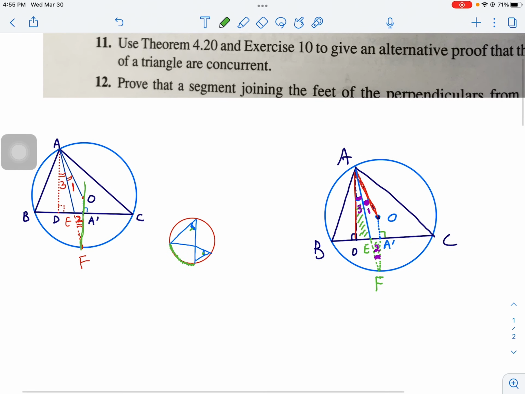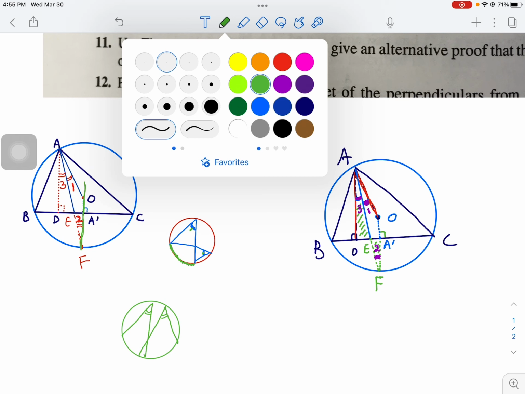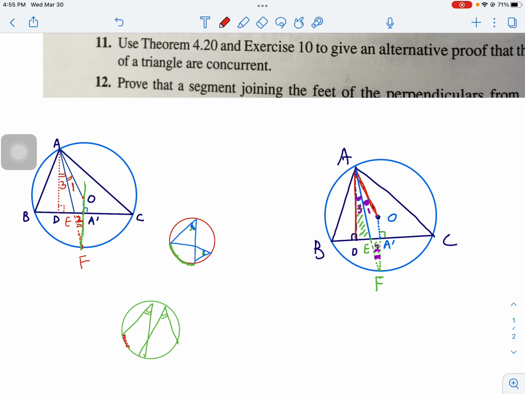In other words, if you know two angles are the same, then their corresponding intercepted arcs should be equal. So if I tell you that this angle is the same as this angle, then you can tell for sure the intercepted arc for this angle is equal to the intercepted arc of that angle.